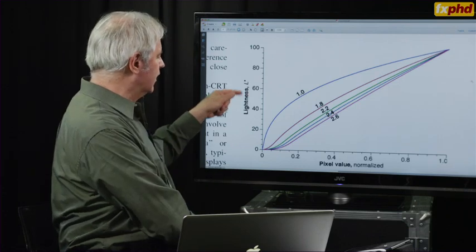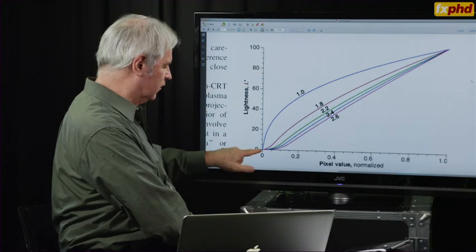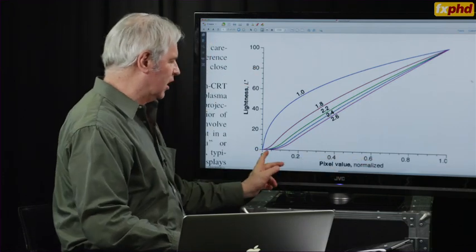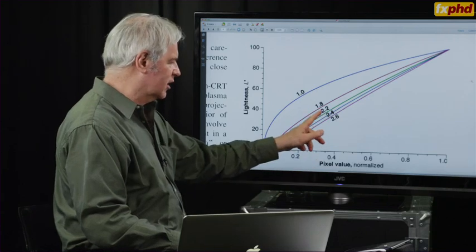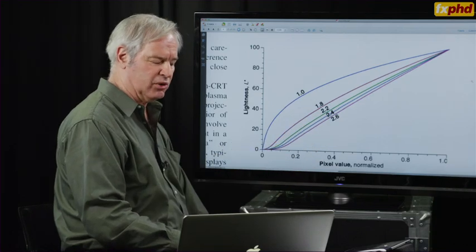So we've got CIE lightness on the scale 0 to 100 on the y-axis, and pixel value scale normalized to 0 to 1 with different gamma values, 2.2, 2.4, 2.6.